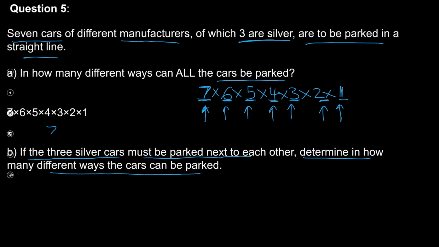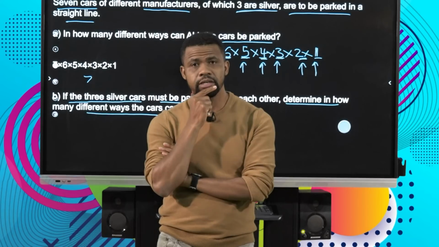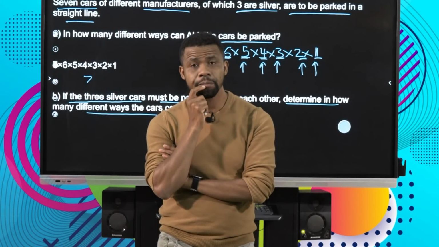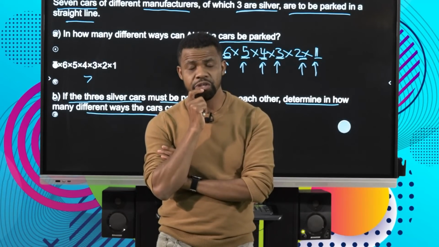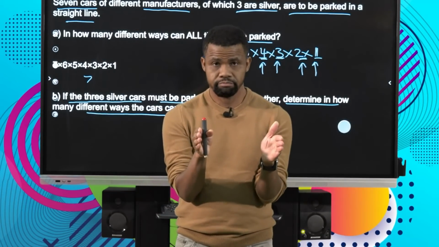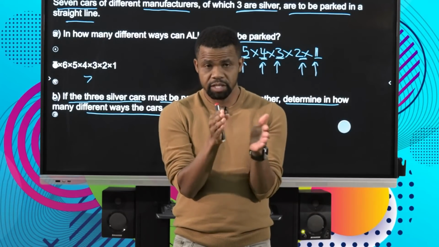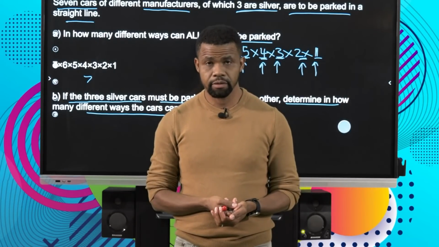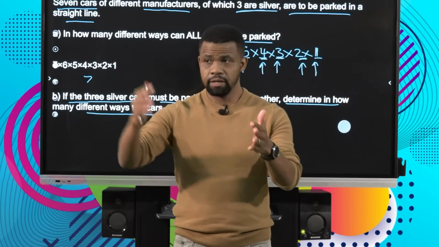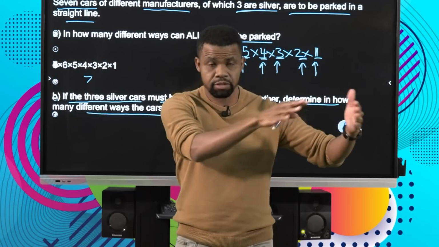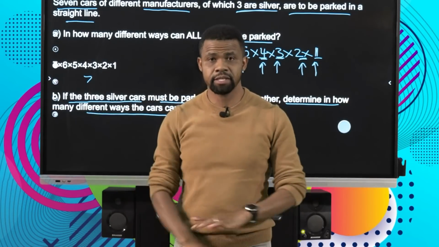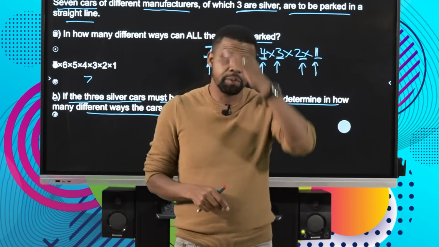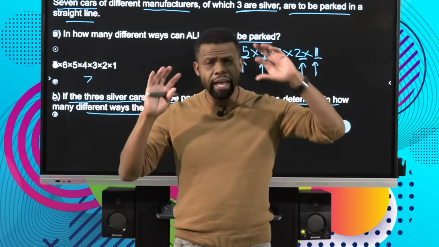So what this is asking is that the silver cars must be parked next to each other. It implies you must have silver, silver, silver, and the rest of the cars. So I can have silver, silver, silver with the other cars on the sides, or I can have the 3 silvers at the beginning and it doesn't matter for the other 4. But the 3 silver must be parked together. So what do we have to do with this question?